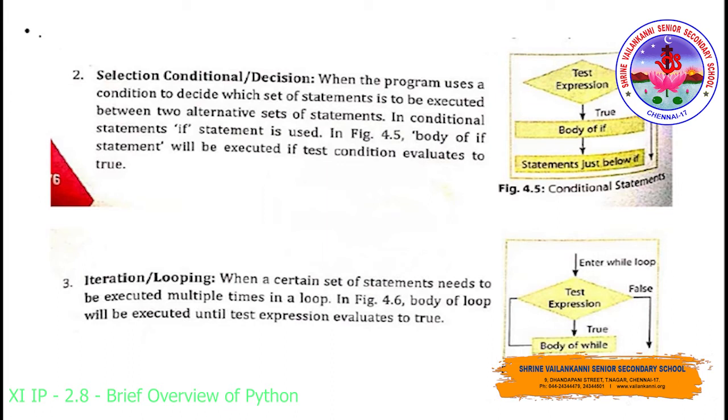The other statement is called iteration or looping concept. Looping means repeating a process a certain number of times, and iteration refers to the same thing. When you want a set of statements in a program to get repeated again and again, we will go with this looping concept. Here you will use two different keywords, for and while. For this you can take an example like printing the first 100 natural numbers.